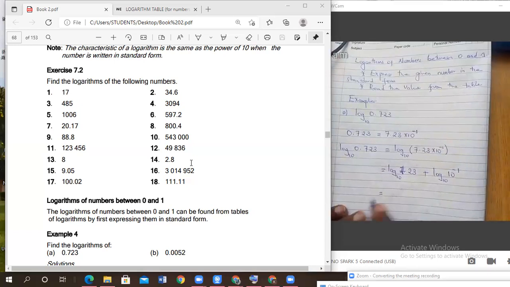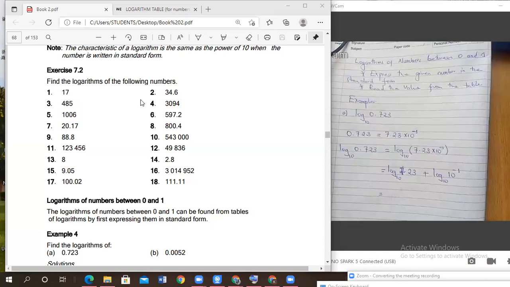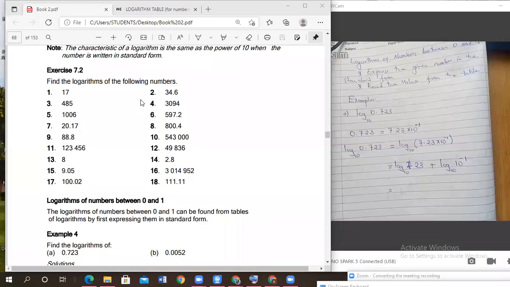So pick your calculator. If you are using a table, you read 7.2 under 3. If you are using a calculator, just press log of 7.23.